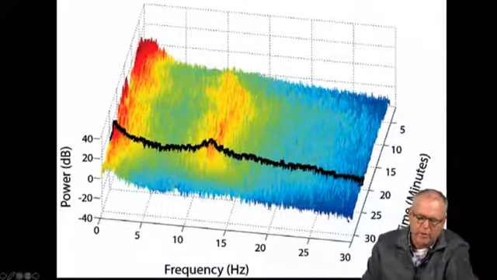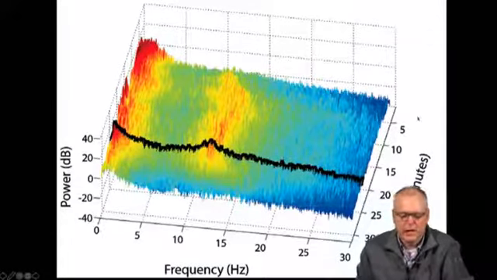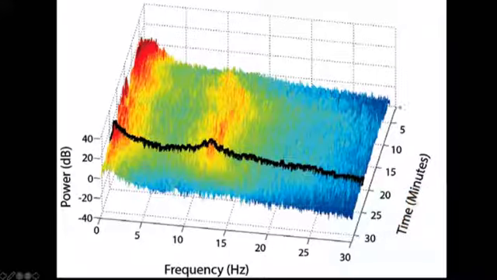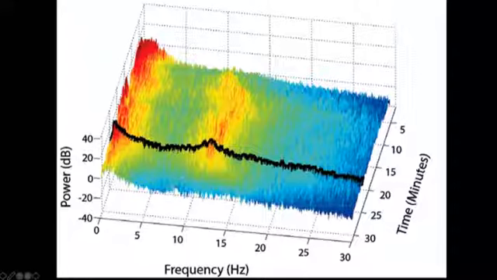So the waterfall plot has on this axis time. So here, that's that first spectral profile we did. And here's one 5 minutes later. And here's one 25 minutes later, so on and so forth. And these are plots over time that are in terms of the frequency and the power.